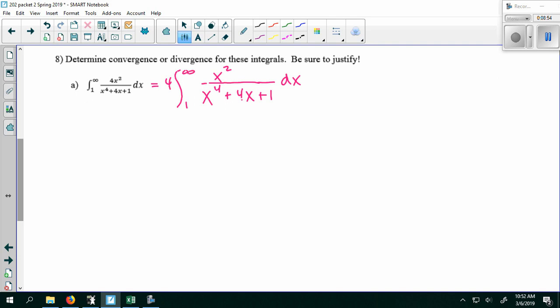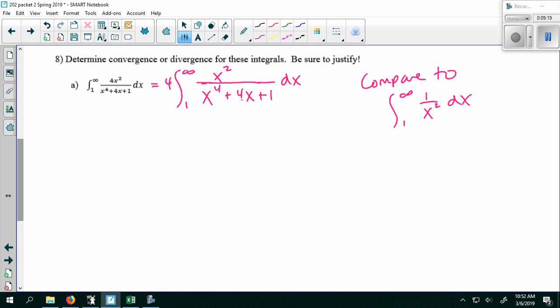Okay, so I need something to compare to. That is really hard to integrate. I can't take an antiderivative and just do this directly. So I want to compare this to something that's got a similar end behavior to the integrand. So I'm going to compare to the integral from 1 to infinity of 1 over x squared dx.